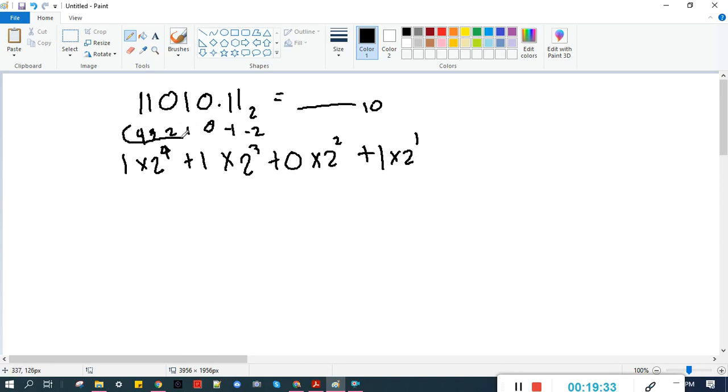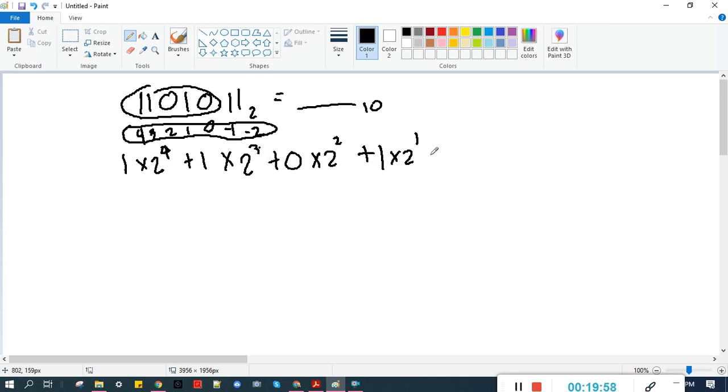Don't forget that these are the exponents that we placed here. And then these ones and zeros are what we multiply to the radix that is being raised to the exponent.